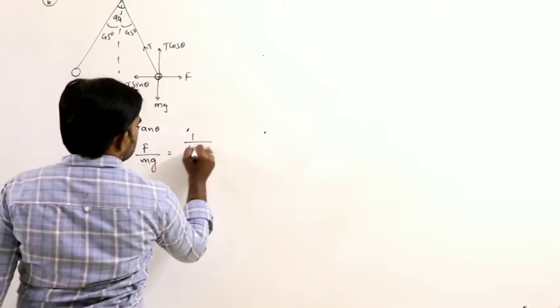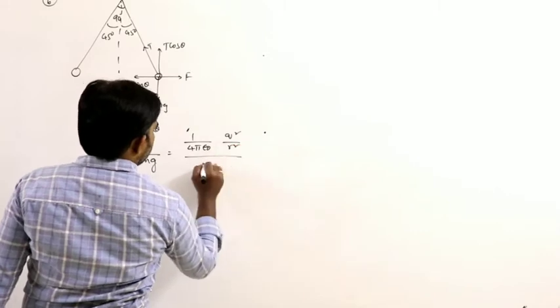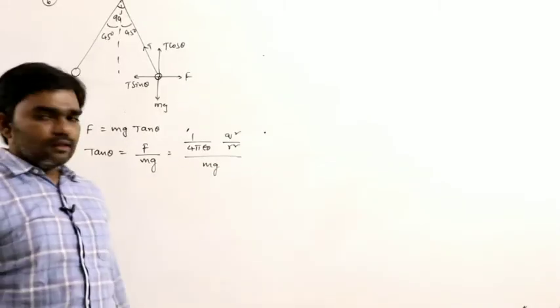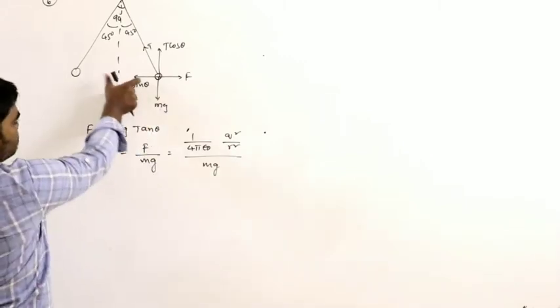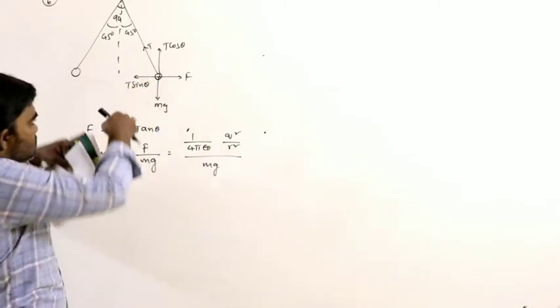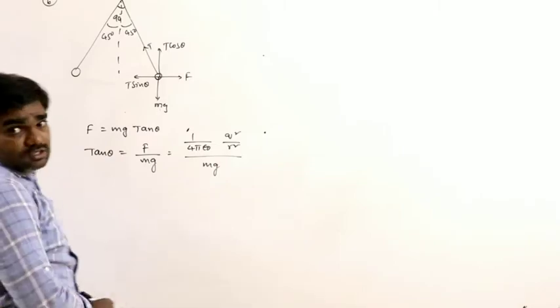F is nothing but 1 by 4 pi epsilon naught q square by r square, divided by mg. So that is the first condition. You already know this concept: two balls are arranged, and these two must be repelled like this.